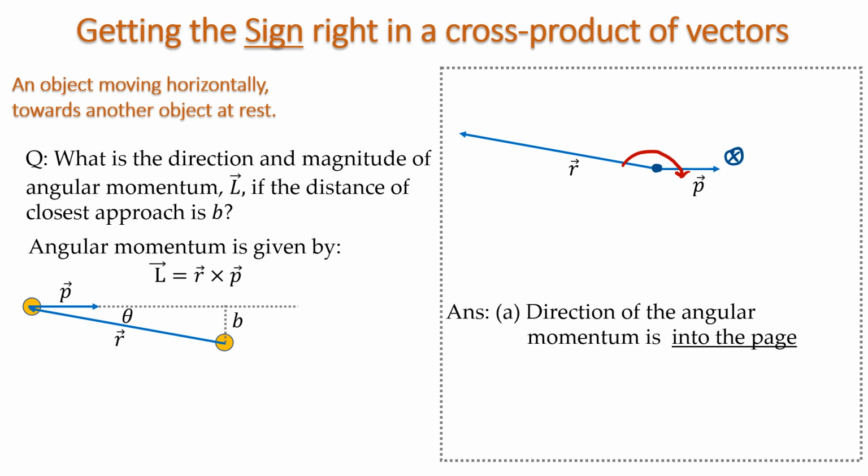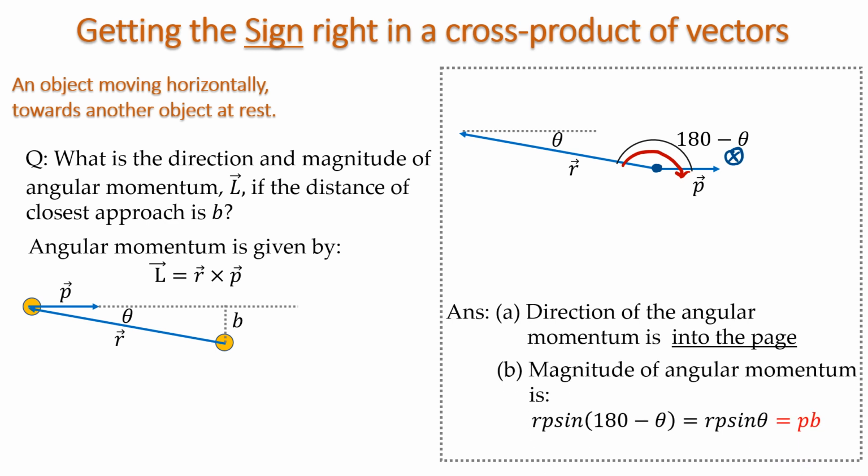This happens to be a very interesting example, which will be clear in a moment. So we go one step further and evaluate the angular momentum. We find the angle between r and p, which happens to be 180 minus theta. We did some geometry to get that answer. And then the angular momentum is r times p times sine of 180 minus theta.